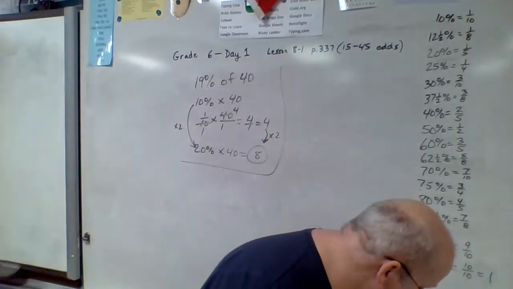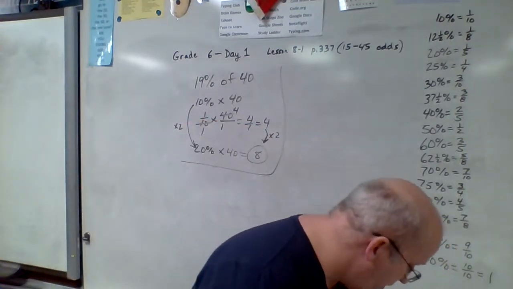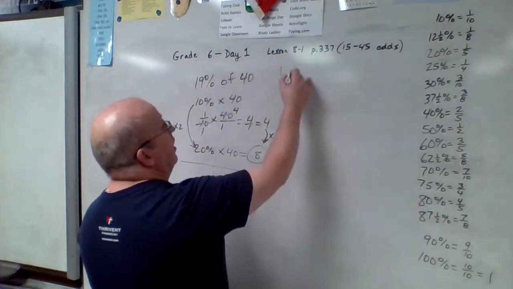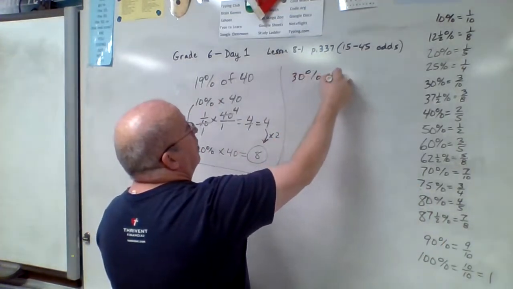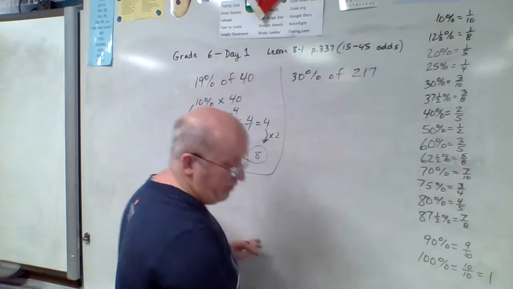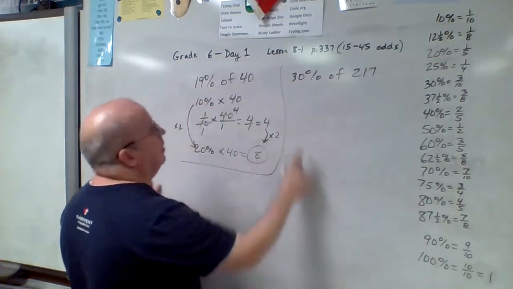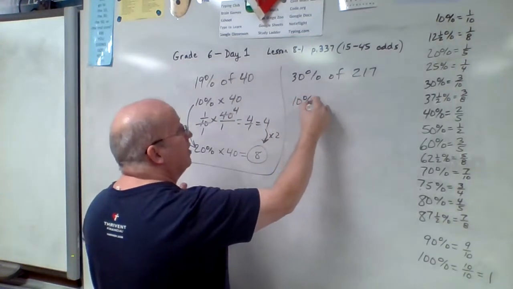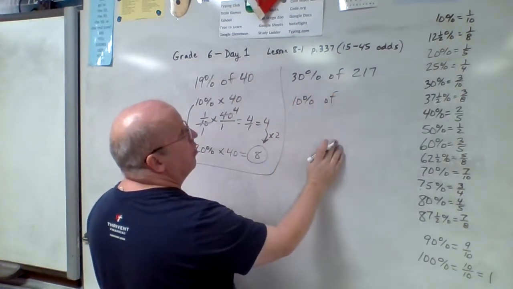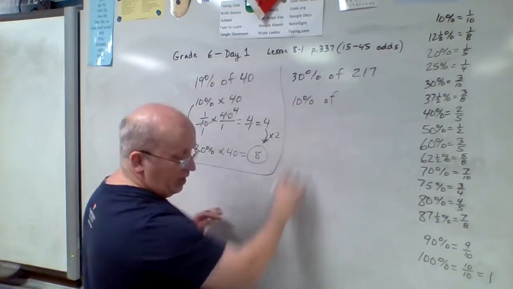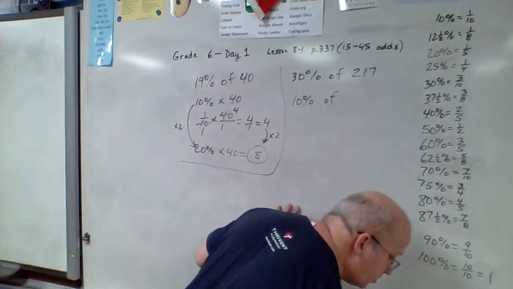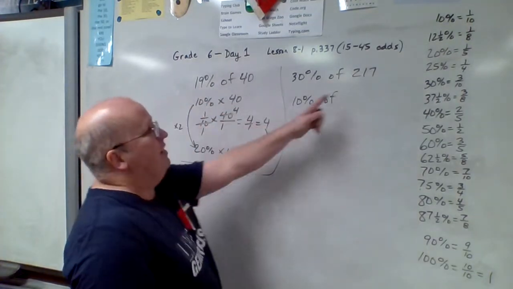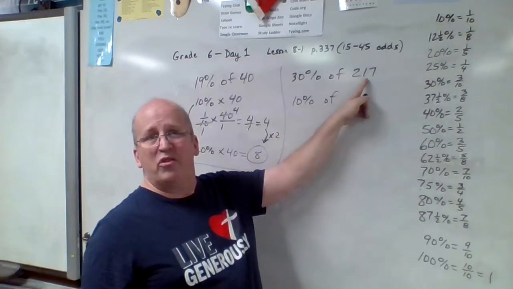Example problem E on the top of 335 is 30% of 217. Well, again, we're trying to learn this method of 10% and use it to solve the problem. So I'm thinking 10% of 217, well, that's kind of hard to work with, that 217.